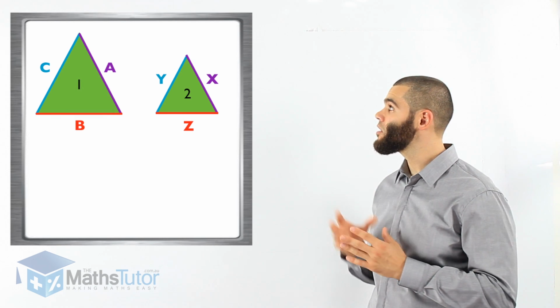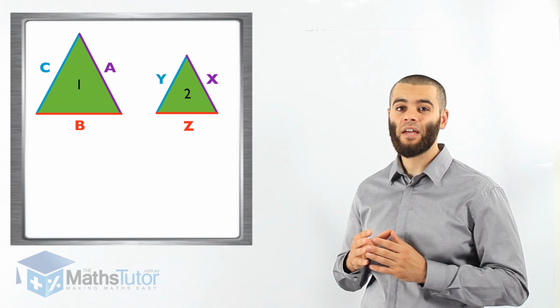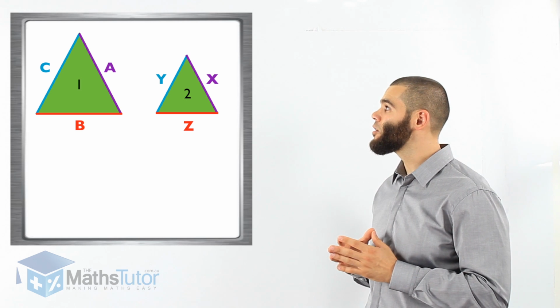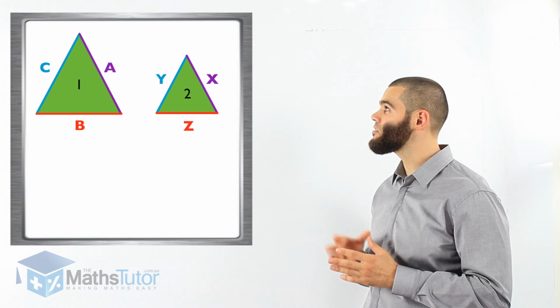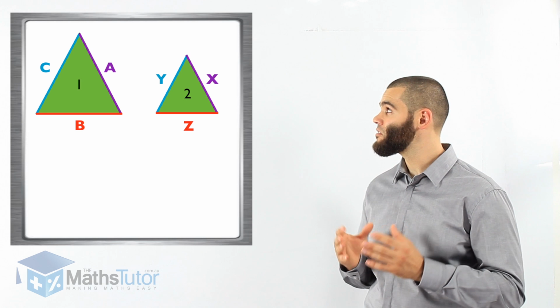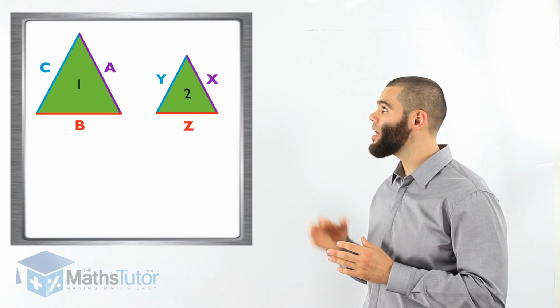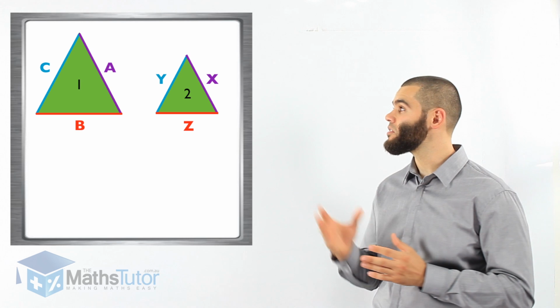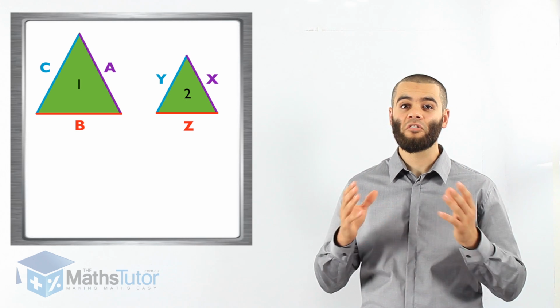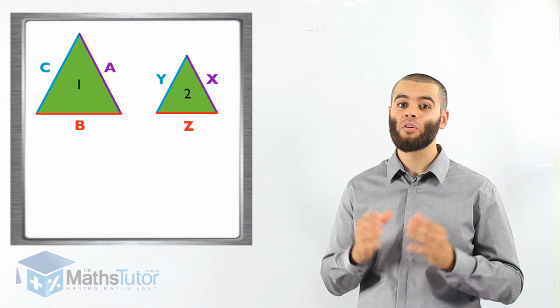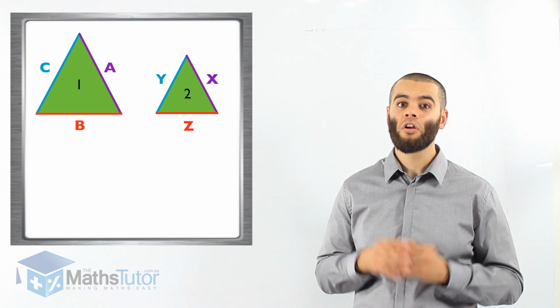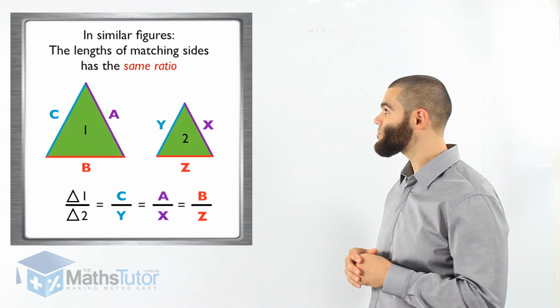It corresponds with Y from the other triangle. And B corresponds with Z. And side A corresponds with X. Why? Because they are in corresponding positions. They are called corresponding sides.